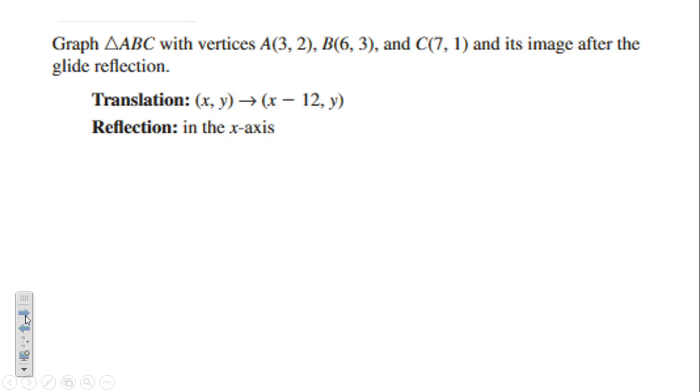So reflect A prime, B prime, and C prime across the x-axis. Label those A double prime, B double prime, and C double prime. So once you've translated your triangle to the left 12 spaces, then reflected across the x-axis.